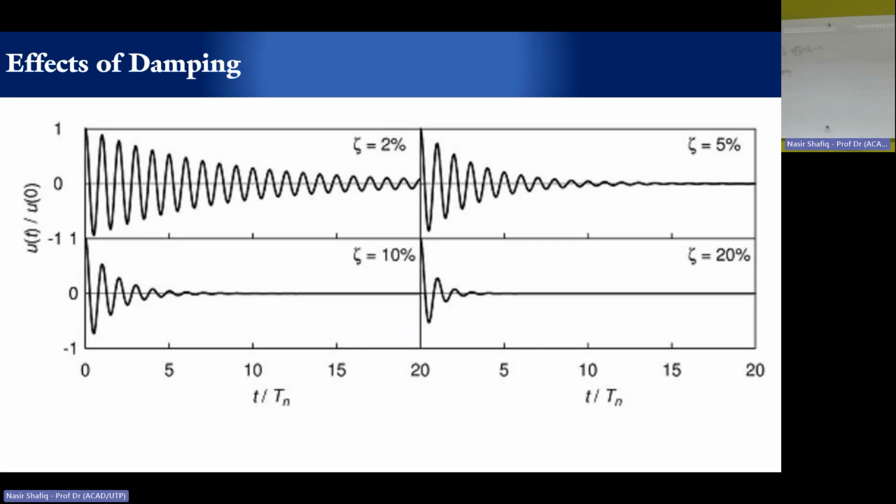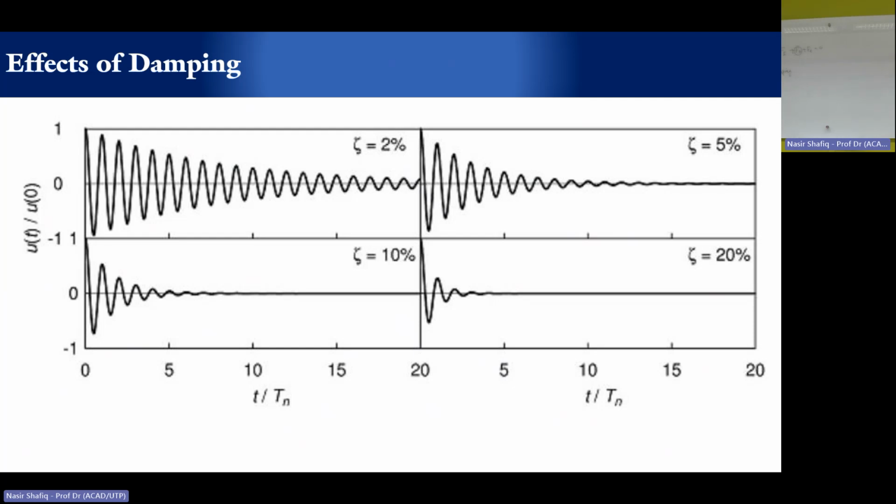So this decay depends on the damping ratio, which is with respect to what damping it is portraying and what the critical damping is, which is a function of mass. As we have seen, if the damping ratio is smaller, 2% like over here, the number of cycles will go more and the motion will be decaying, right?